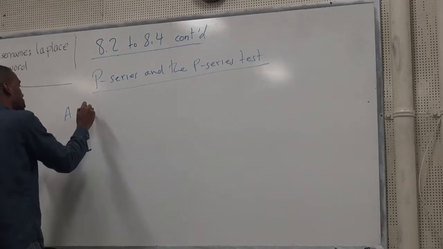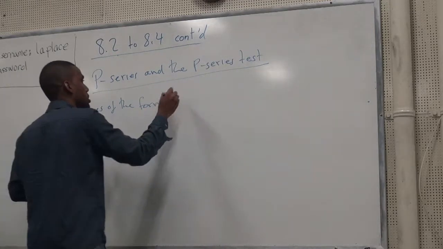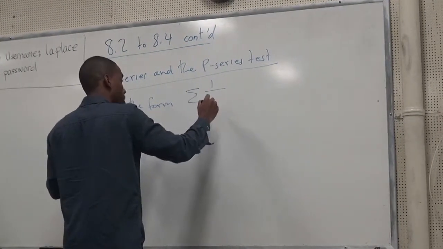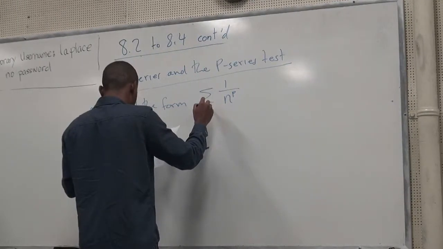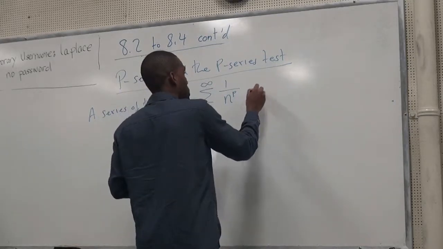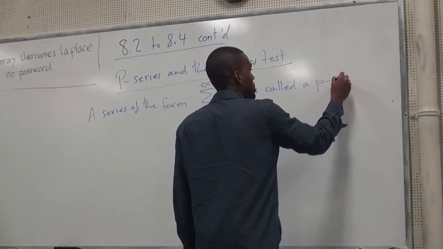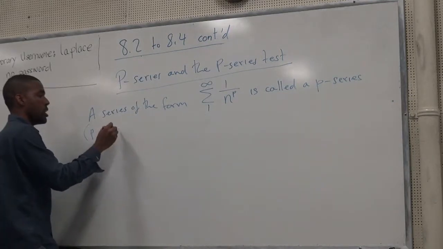A series of the form 1 over n to the p is called a P series. Notice P is a constant.